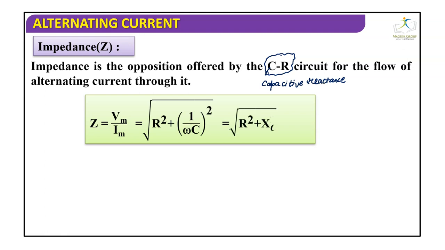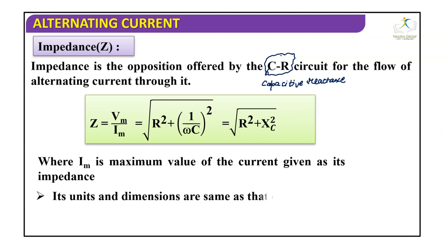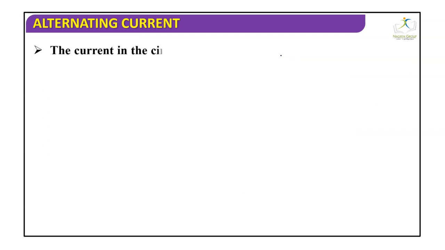That is Z is equal to Vm by Im, is equal to under root R square plus 1 by omega C whole square, which is equal to under root R square plus Xc whole square, where Im is the maximum value of the current. Its unit and dimensions are the same as those of a resistance.